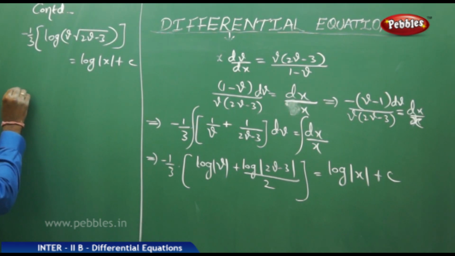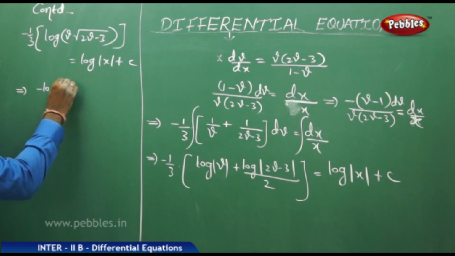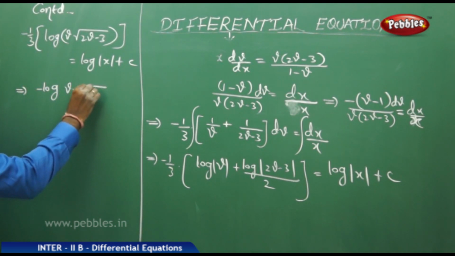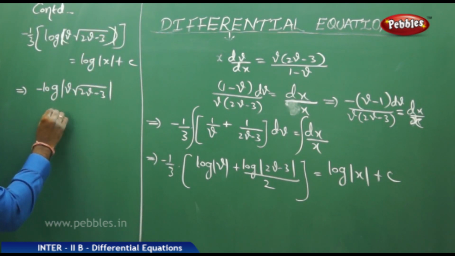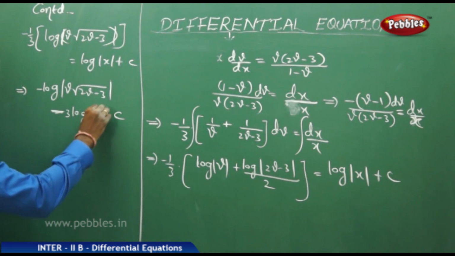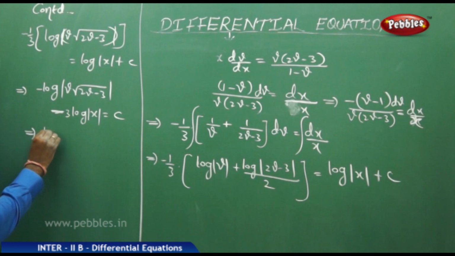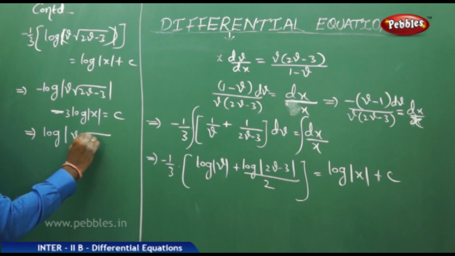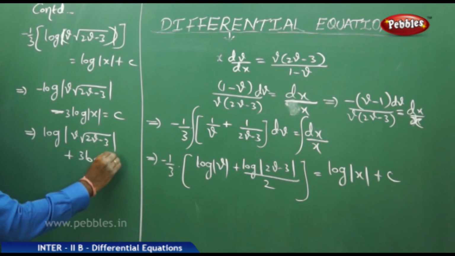So this, on further simplification, taking 3 to the right gives us minus log v root 2v minus 3 minus 3 log x is c. So taking all log terms to the left and taking this on the right, I get log mod v root 2v minus 3 plus 3 log mod x is minus c.